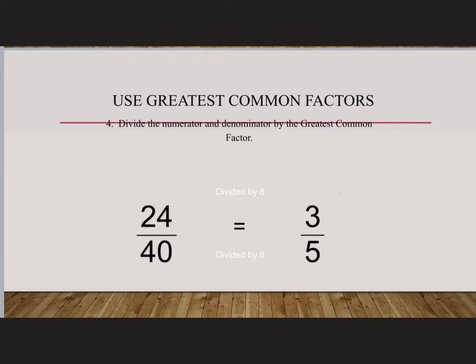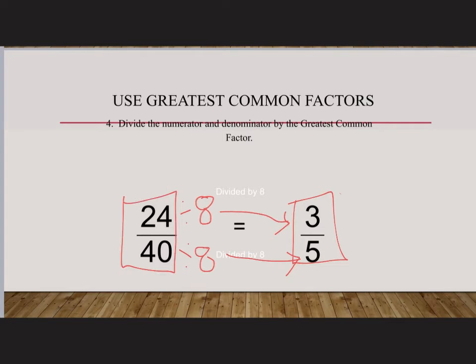This is what we do with the 8: we take 24 and divide it by 8 and we get 3, we take 40 and divide it by 8 and we get 5. So 3/5 is equivalent to 24/40ths.